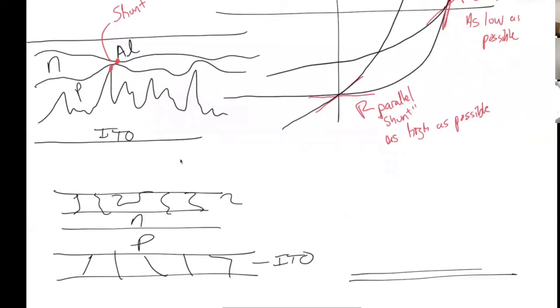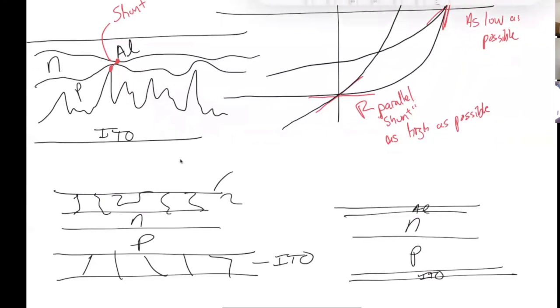Maybe you have a really thin ITO layer, and then maybe your aluminum is really thin. Both of these scenarios would have high R series.